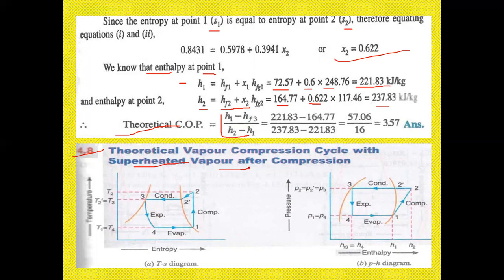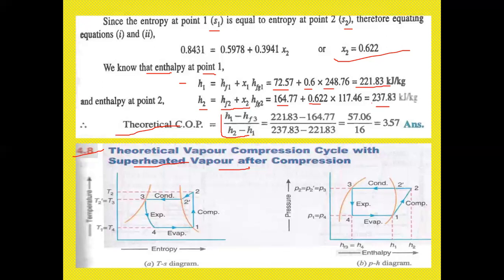Now here H1, H2. Because the graph is changed, we don't know what happens in the evening. So that's why it has been changed and forwarded.